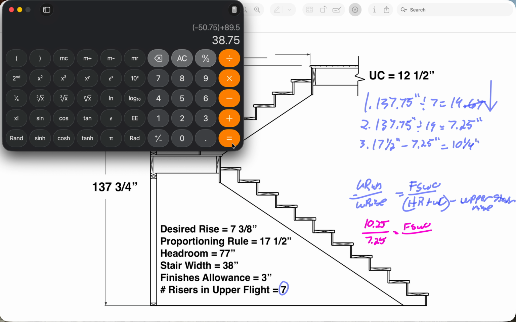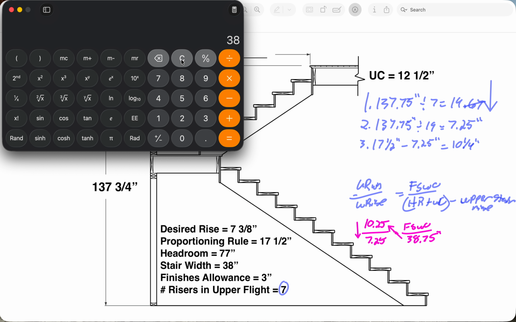So we went headroom plus upper construction, and we took off our total rise of our upper set, which was 50 3/4, and the remainder is 38.75. Okay, so we can cross multiply and divide to get what our headroom would need to be.